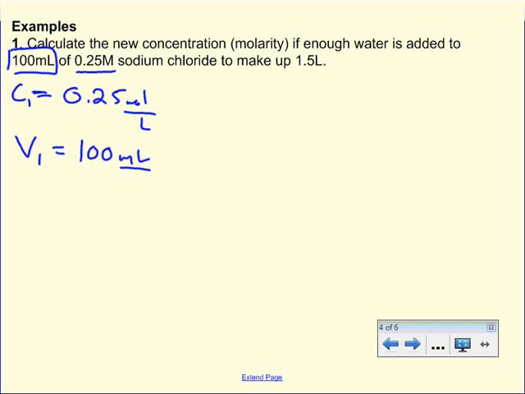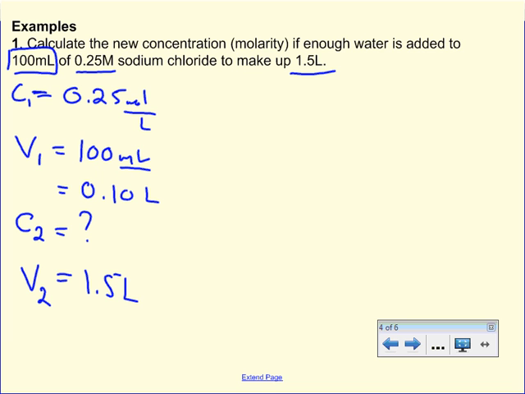But because it's milliliters, I have to convert it to liters. Just divide by 1,000, and I get 0.10 liters. I want to know my new concentration, my new C2, so I don't know that yet, so I'm just going to put a question mark. My V2, my new volume, is told to me, and it's 1.5 liters.